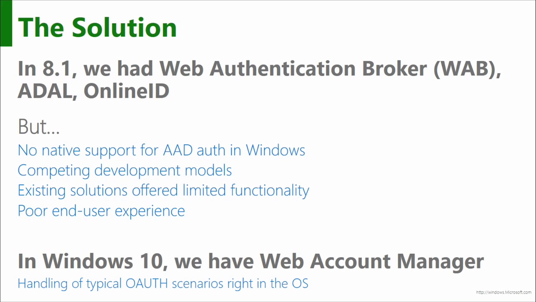What we've done in Windows 10, we now have this new API called Web Account Manager, which brings all of these together and gives you great OAuth scenarios. And it's actually much better than Web Authentication Broker because it's baked right down into the Windows 10 OS. So this is where you get real user benefits, like when the user has logged onto their PC using their AAD credentials, so you've logged on with your Microsoft.com account or something.